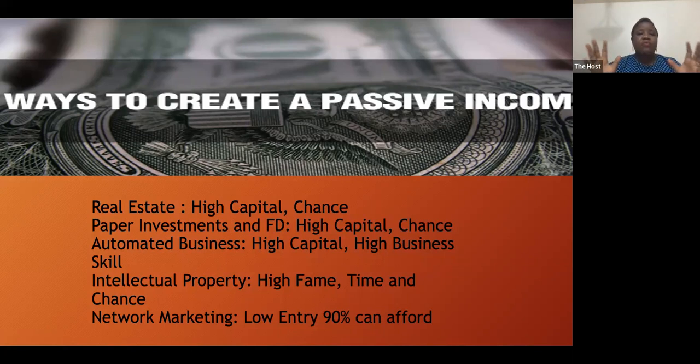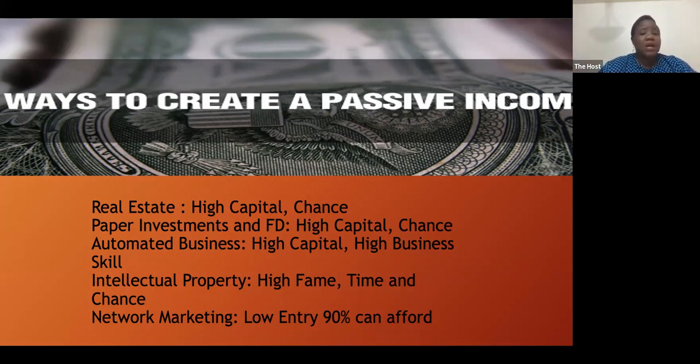So these are majorly the 5 ways to create passive income. And like I said, passive income is income that you earn without your immediate active work. So for network marketing, you can build a system for a couple of years, sometimes 5, sometimes 10, sometimes 15 years, and then you stop working actively at the business and you're still earning a very decent passive income, something that can sustain your lifestyle.